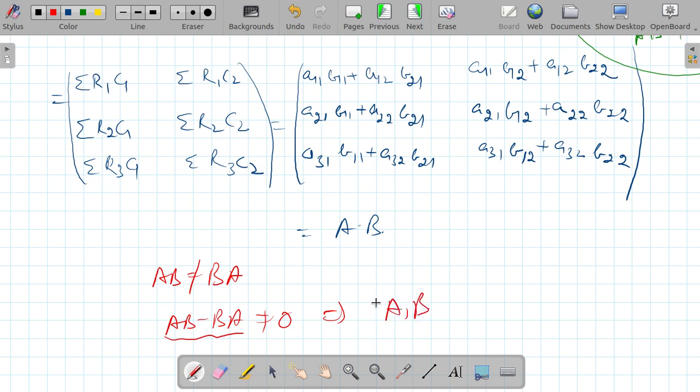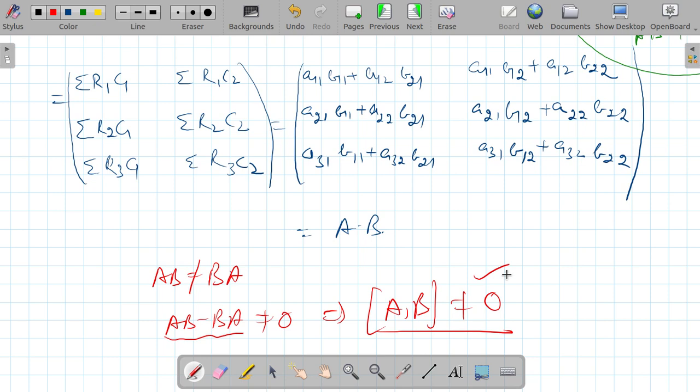So I can express this quantity in this form. And this is a very important result of matrix mechanics, which was used by Heisenberg. And this also leads to Heisenberg's uncertainty principle.